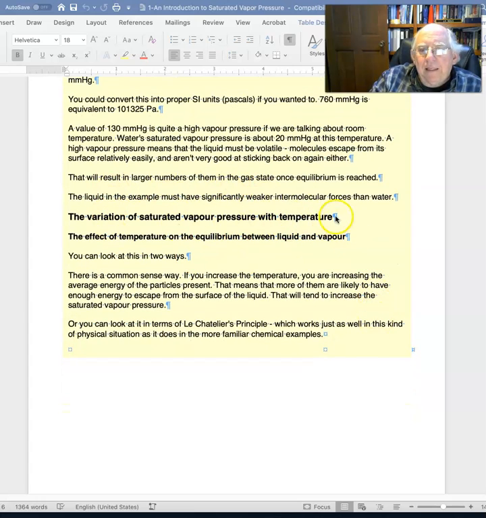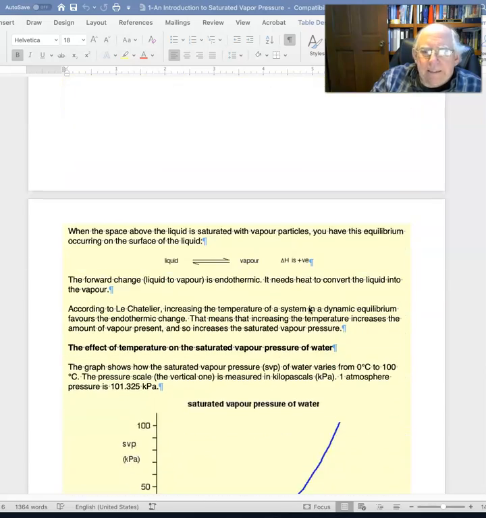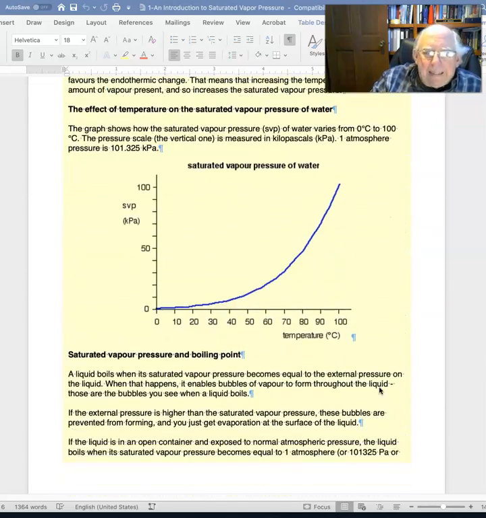Keep in mind that for any pure substance, the saturation vapor pressure varies with respect to temperature. We could plot that in kPa, which are the pressure units, the saturation vapor pressure for a pure substance like water against the temperature in Celsius, and the dependency would look like this.